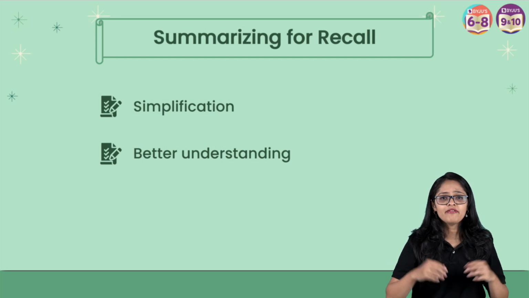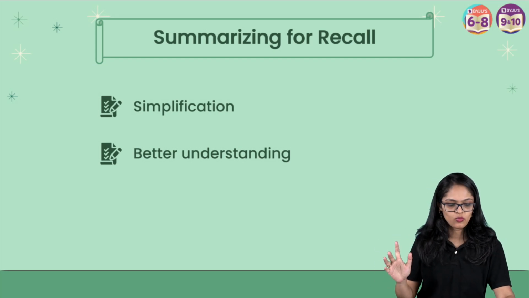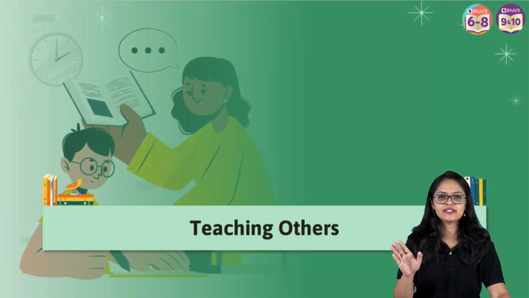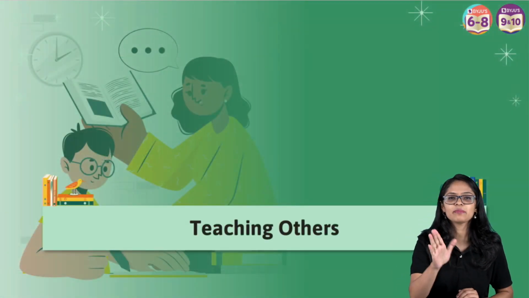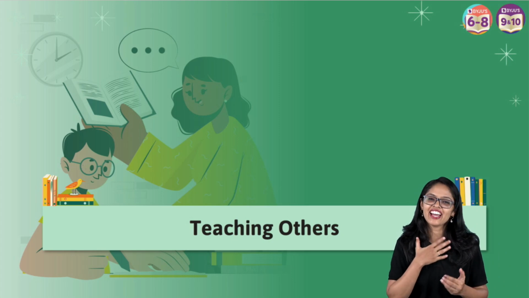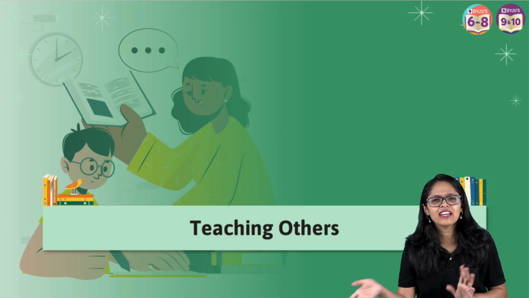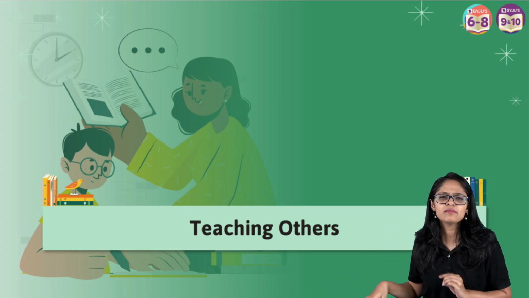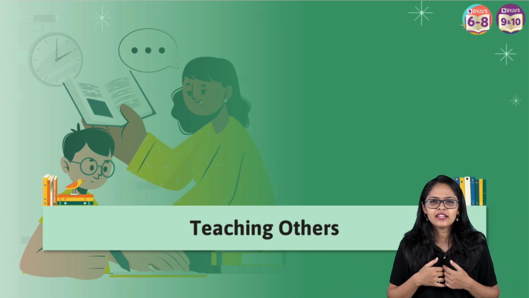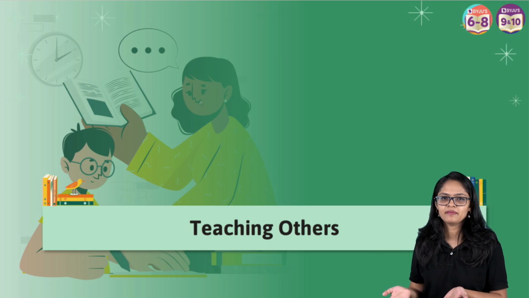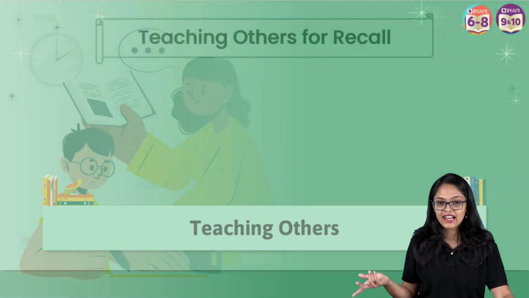Okay, now we are at the last technique. What is it? Teaching others. This is the best method that I used when I was a student. I just dragged my siblings and made them sit in front of me. Whatever I studied, I used to teach them. What is the advantage of doing that?